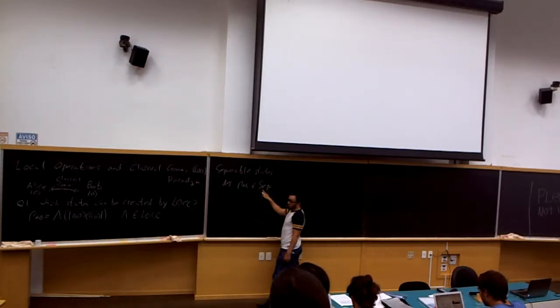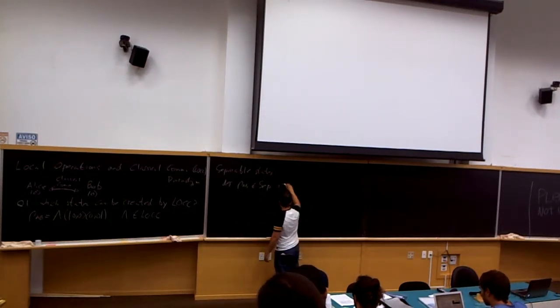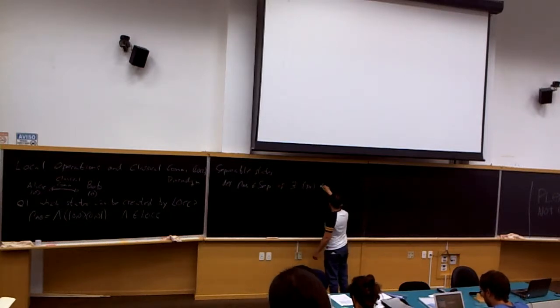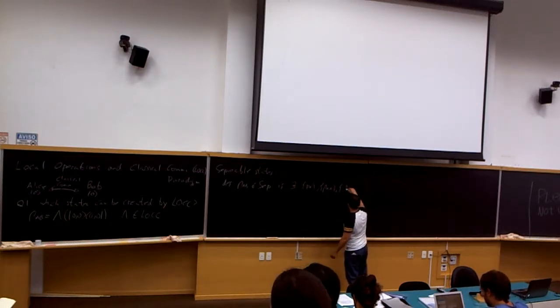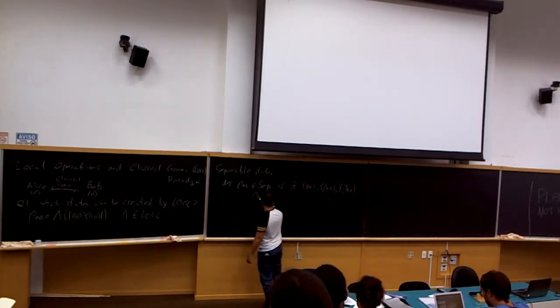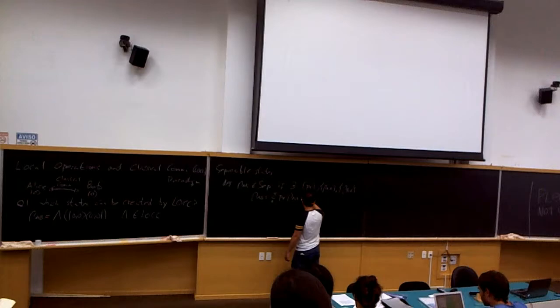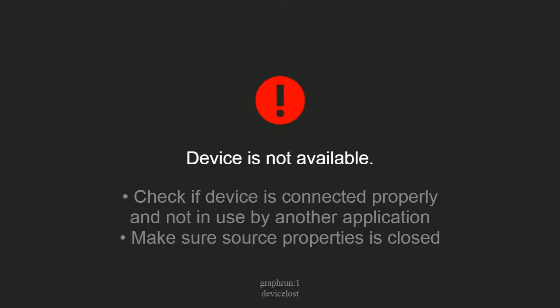Rho AB belongs to separable, is a separable state, if we can find a convex probability distribution and some local states on A and some local states on B, such that rho AB can be written like that. Or actually, this is also true, but just to make the connection easier with product states, let's do this pure.